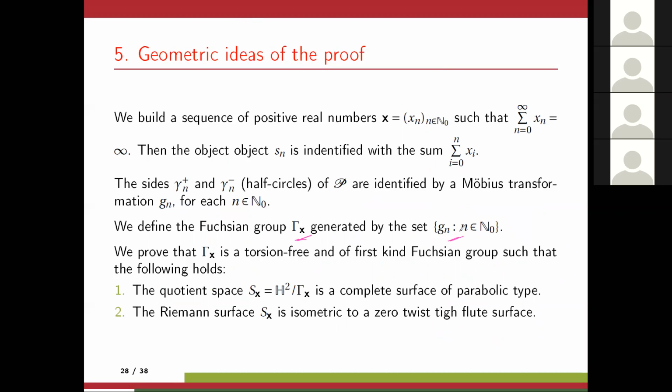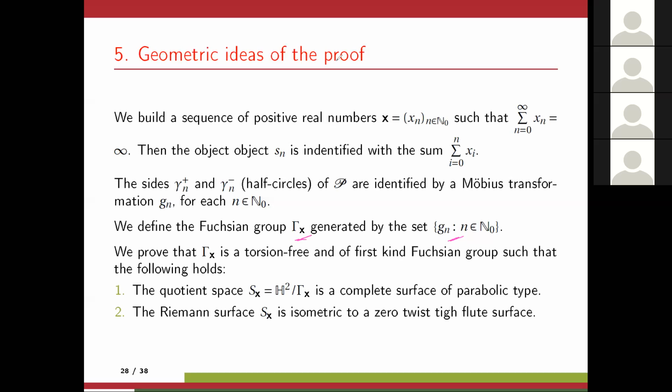Remember that each Gn identifies the half circles in the boundary of your polygon P. You prove that this group is a Fuchsian group, torsion free and of the first kind, and moreover the quotient space is a complete surface of parabolic type, isometric to a zero twist type flute surface. These are the ideas of the proof of our main result.